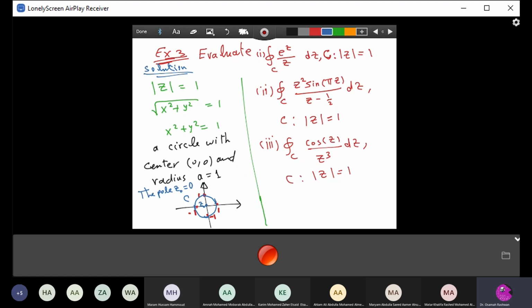Okay? Now, without thinking, I have the solution for I, the integration over C of e to the Z over Z dz, which will equal to what? Yes, 2 pi I. What's my f of Z? E to the Z. I should put E to the Z naught. What is Z naught? 0, right?